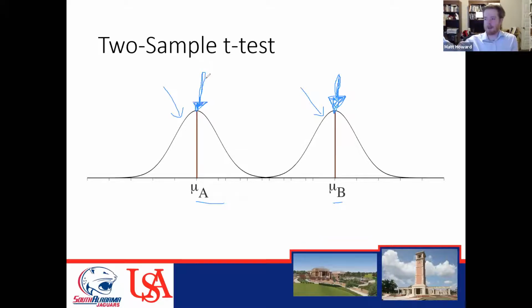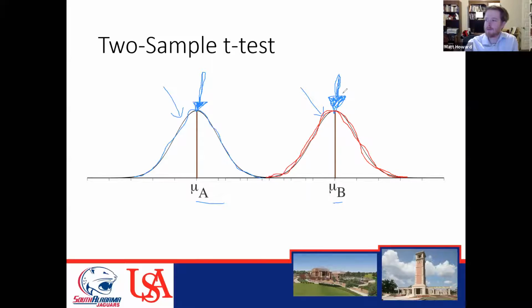But the answer I was actually looking for is yes, we probably could expect these to be different, because their means are quite far apart, but also just as importantly, their distributions are very different. Almost none of the observations for group A overlap with the observations for group B. That would suggest their means are probably significantly different, because these two distributions are almost entirely different.